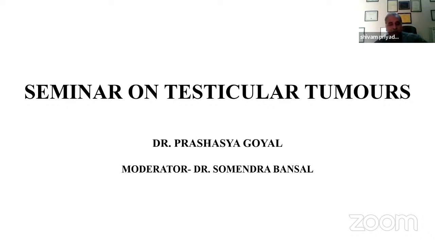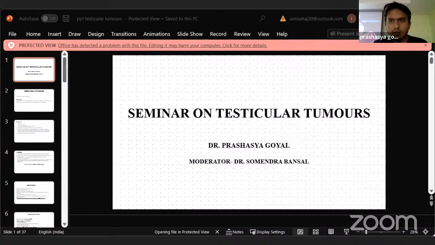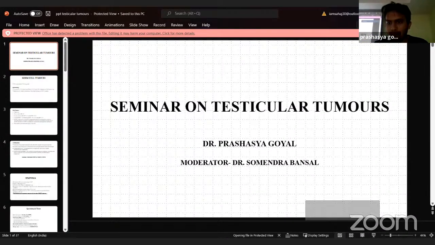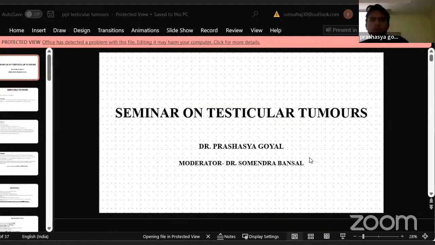Your slide is not moving. Okay, sir. As I was saying, epidemiologically, these germ cell tumors are most common between the age group of 15 to 55 years.